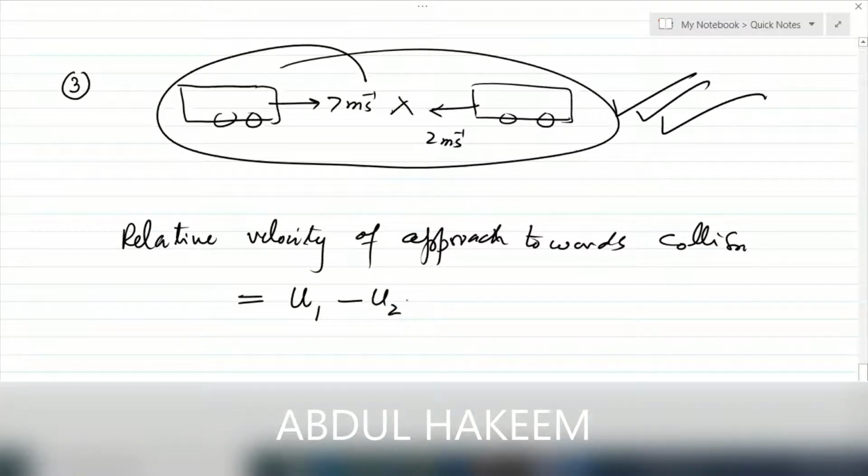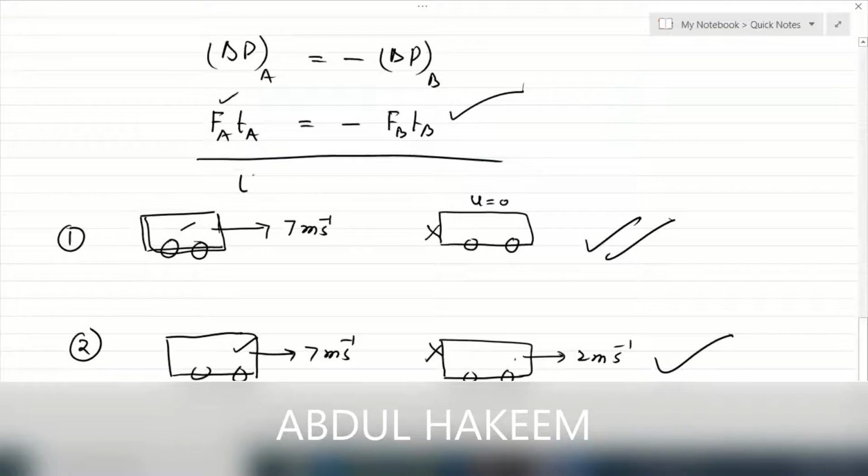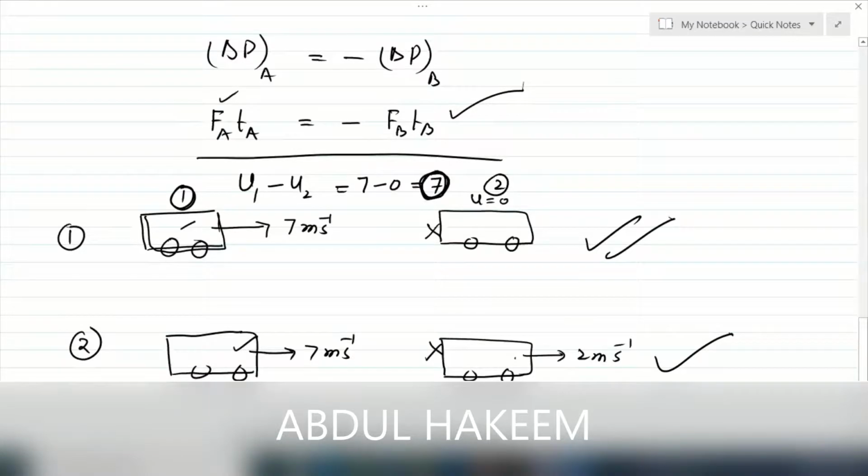U's are the initial velocities, not speeds. Velocities before collision, and velocity is a vector. We have to consider the direction. Now, for the first, we calculate u1 minus u2. This is number one object. This is number two. So u1 is 7 and the u2 is 0. So the answer is 7 meter per second for the first one.